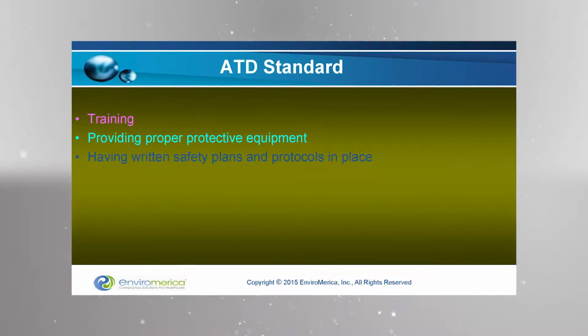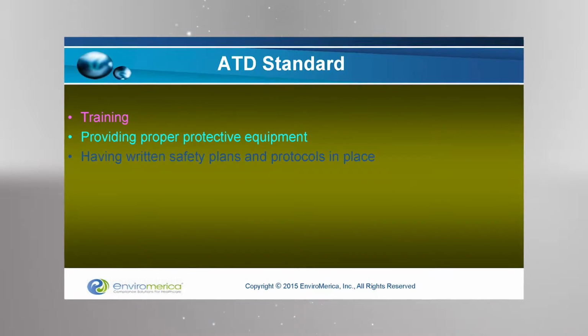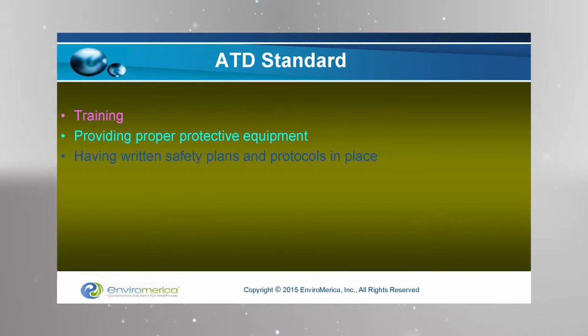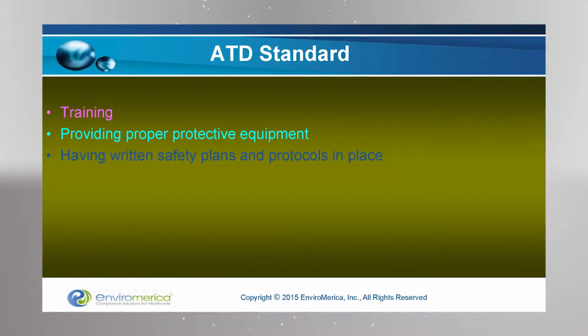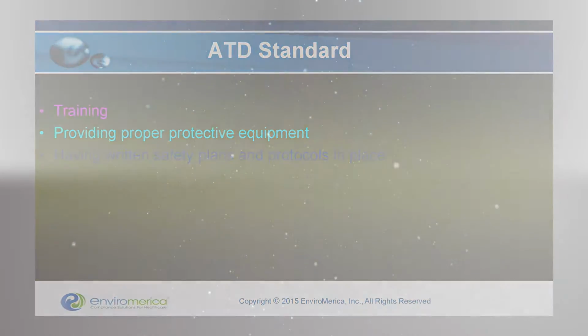Every one of these agencies was fined by Cal OSHA, including the fire department, believe it or not. As a matter of fact, Oakland Police was fined $33,000 and change for all the different things that they should have done, such as training, providing proper protective equipment, and having written plans and protocols in place on what to do when a patient is a potential ATD risk, and they didn't have some of those things.